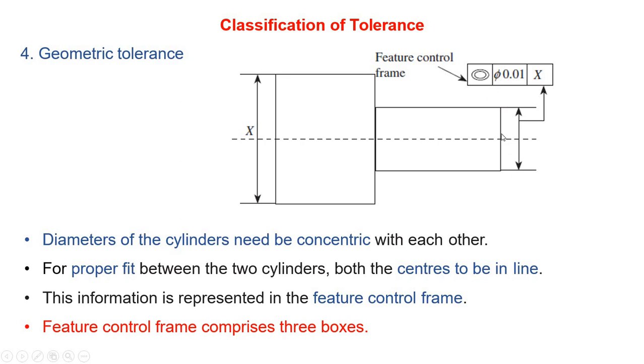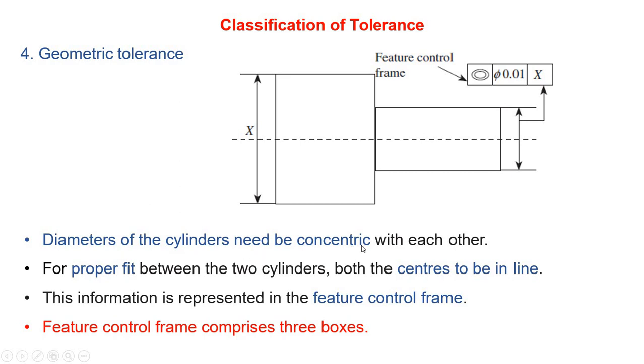We have to maintain the concentricity of this particular shaft within a radial tolerance limit of 0.01 mm with respect to surface X. If that frame is read by a worker, then they will produce this shaft within a size of 0.01 while maintaining concentricity, so they should function properly with each other.